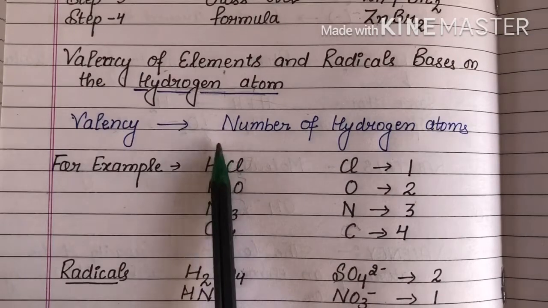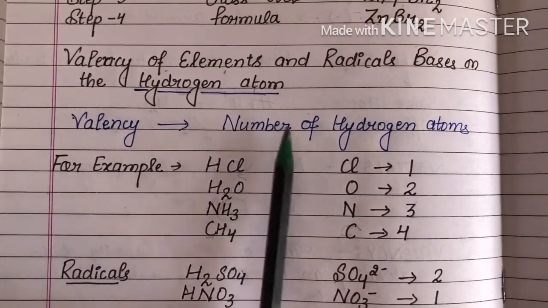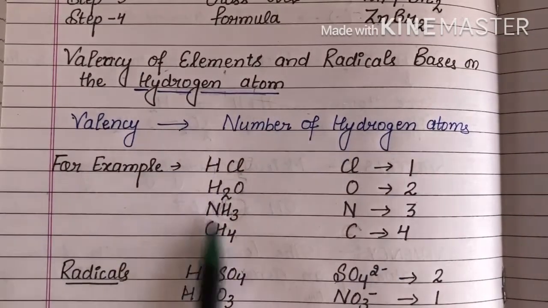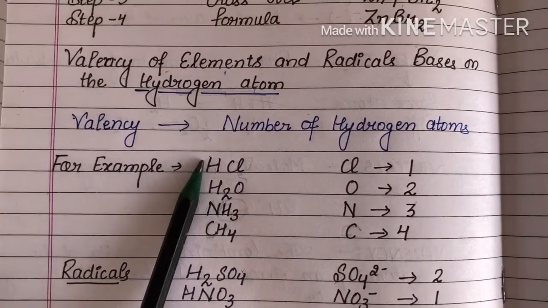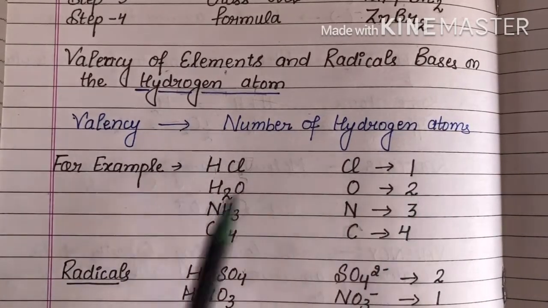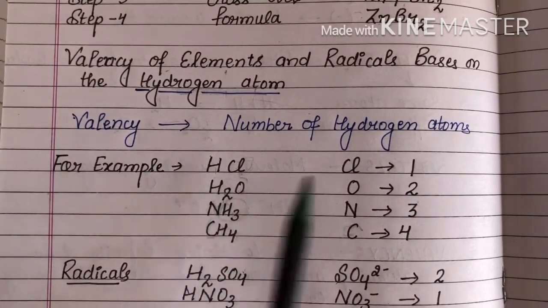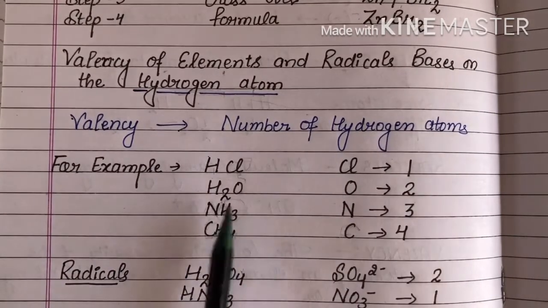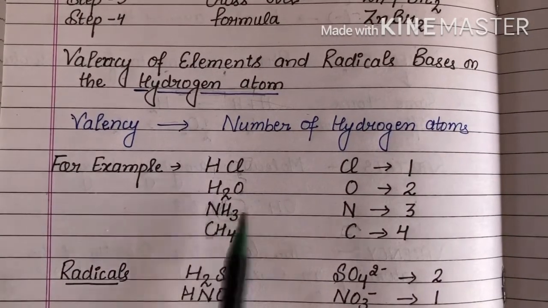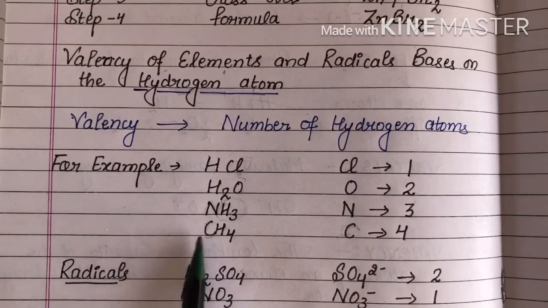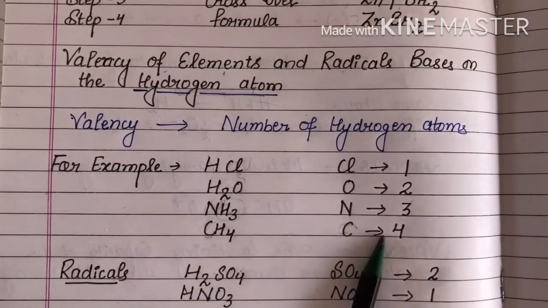So valency is equal to the number of hydrogen atoms present. Here 1 hydrogen atom is present, so its valency is 1. Here 2 hydrogen atoms are present, so valency is 2. Here 3 hydrogen atoms are present, so valency is 3. And in this case the valency is 4.